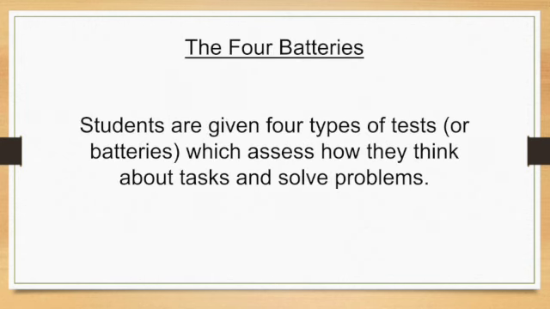Students are given 4 types of tests, or batteries as they're called, which assess how they think about tasks and solve problems. It's important to know that an abilities test is very different to an attainment test where students study the content that they have maybe been learning over some time and then they're assessed in it, like in a summer assessment.